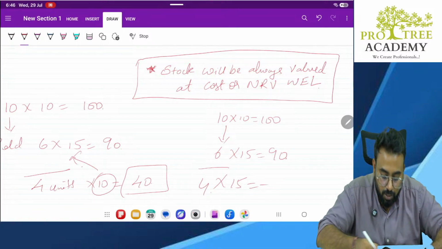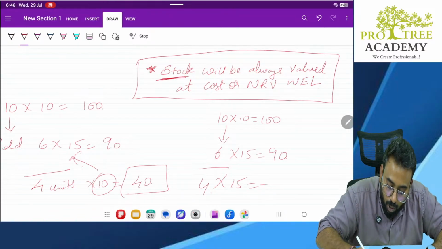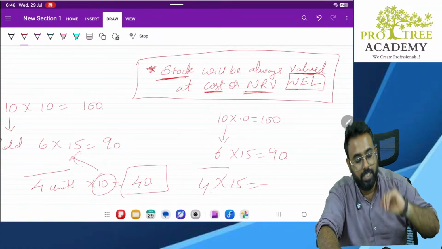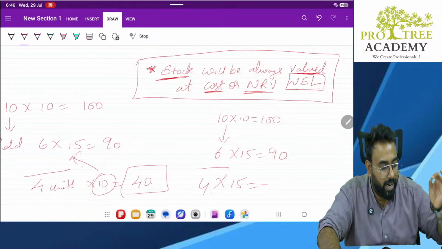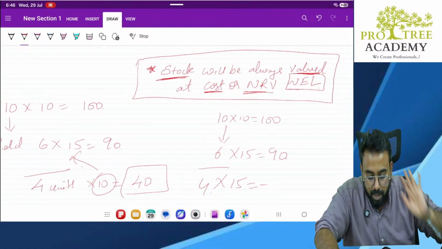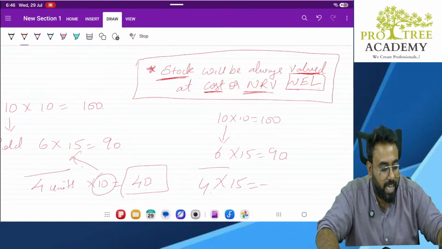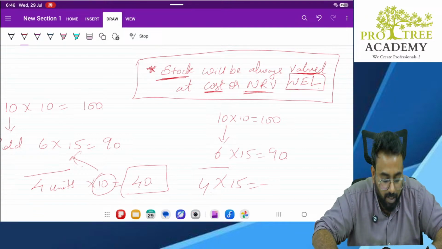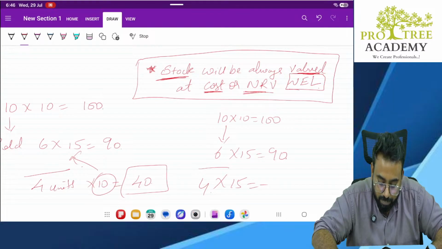Stock will always be valued at cost or NRV, whichever is lower. WEL meaning whichever is lower. While you write in your notes, please write it very clearly as whichever is lower. Don't write WEL, because I will remember, but you will open the book after 10 days and you will forget it. Yes, so please write it down.